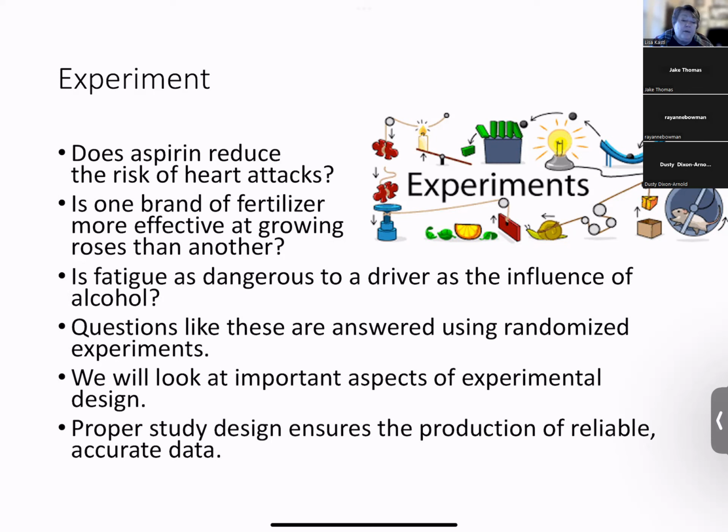Proper design ensures that you're going to get reliable, accurate data, which is why a researcher should always be willing to share their data with other statisticians, always. If they won't share their data, ignore the study, hands down, because you want people to validate your results. You want to know that what you found is actually the truth. That's the ethical way of doing it.